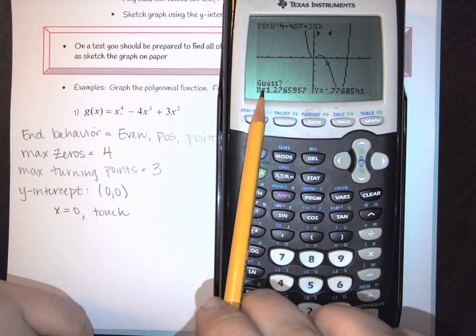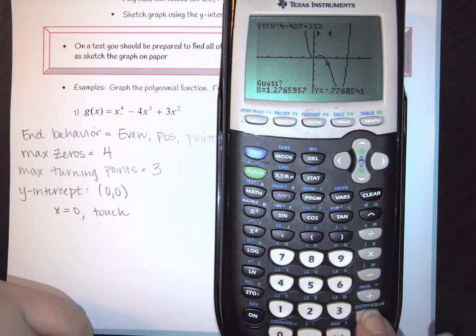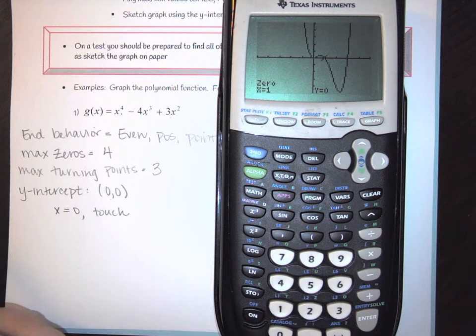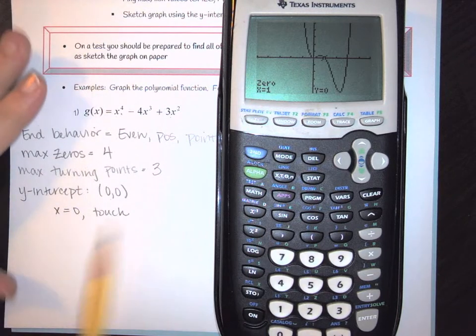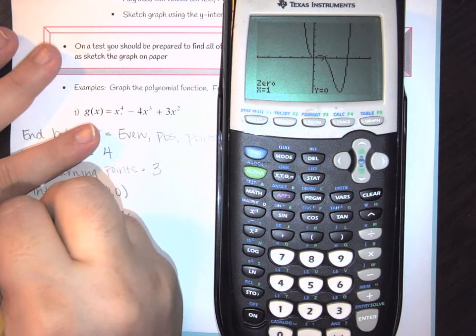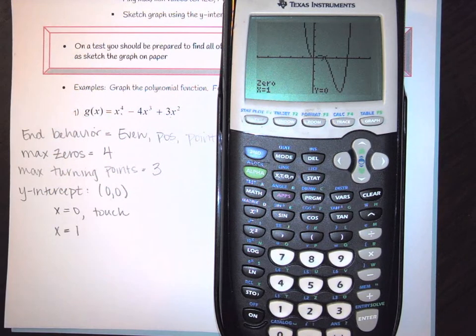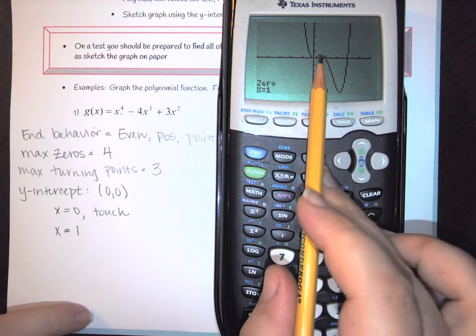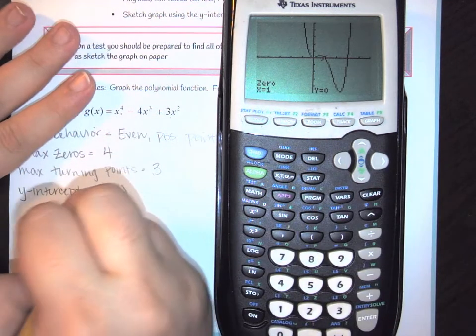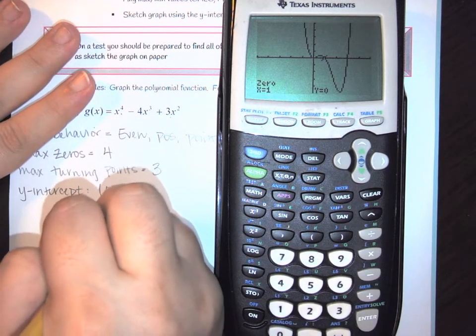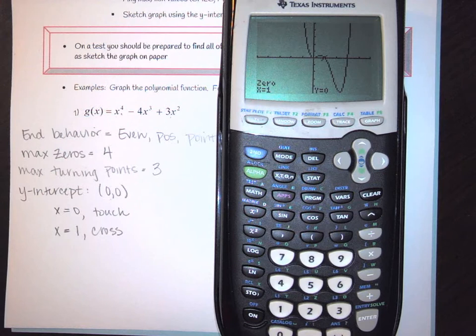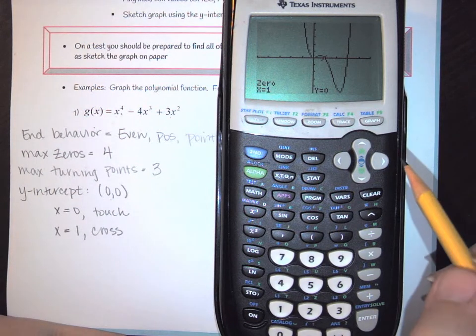Now it's asking you to guess, so you go ahead and hit enter, and it's going to take a second and calculate exactly where that 0 is. So here it is telling me that I have a 0 at x equals 1. So with that, notice at this 0 we are crossing. So that's the first one.